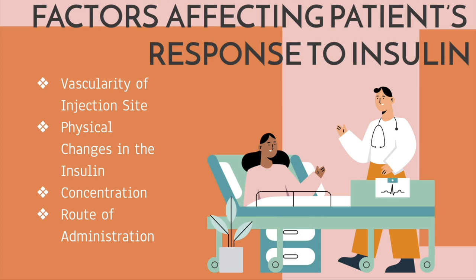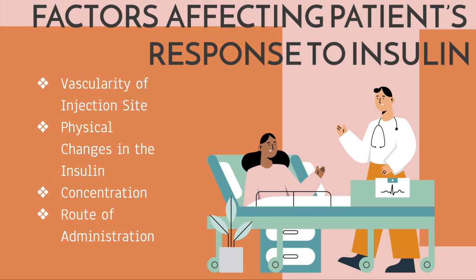Vascularity, meaning the condition or state of being supported and supplied by blood or blood vessels, affects the patient's response to insulin because it is where the insulin is received. Number 2, physical changes in the insulin may also affect the patient's response.